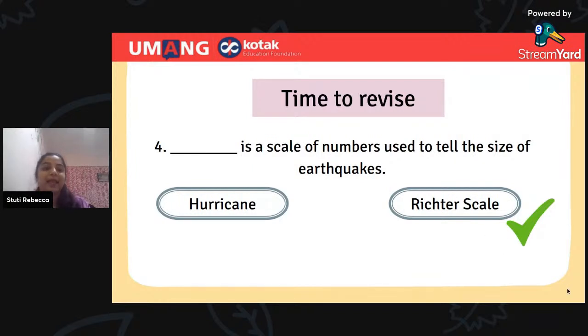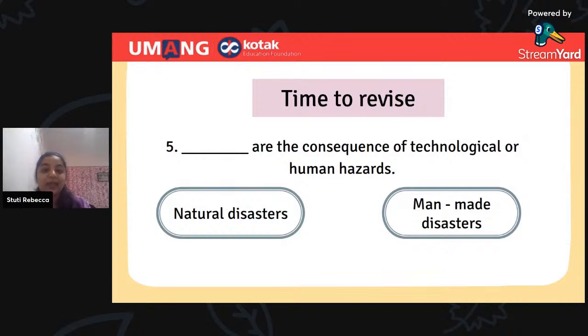Very good. The next one is this: dash are the consequence of technological or human hazards, natural disasters or man-made disasters. Quickly. Come on, quickly tell me. Take 5 seconds and give me the answer.